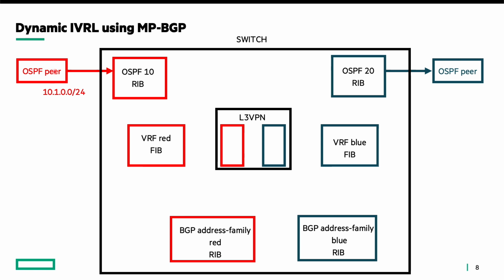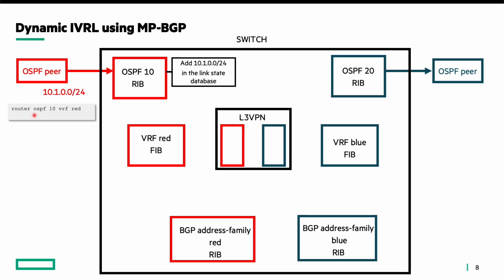Let's say we have a route advertisement for 10.1.0.0/24 coming from a VRF white, and we want to advertise these routes, which is, let's say, a white prefix, to an OSPF peer in the VRF blue.